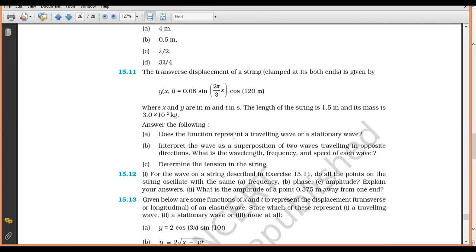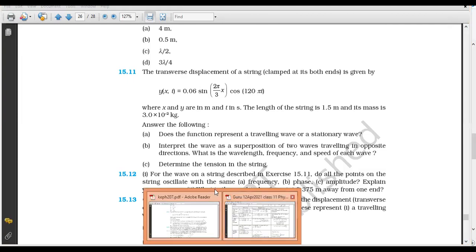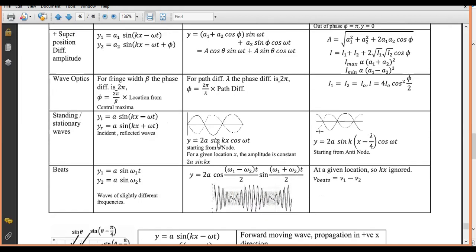So write it yourself. If you have difficulty, you can check. This is also something very similar to what we did earlier, right? Traveling wave or stationary wave. When you see sine and cos, it appears to me that it is like a standing wave. So let me go back to the handbook. You see, if you have sine kx cos omega t, if you see something like that, then it is a standing wave.